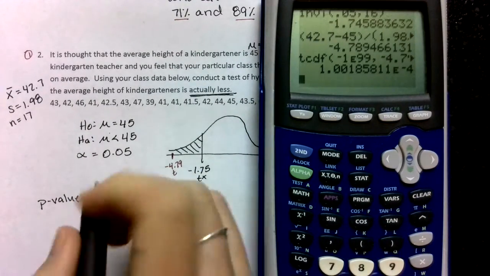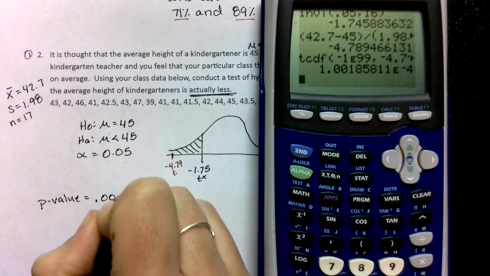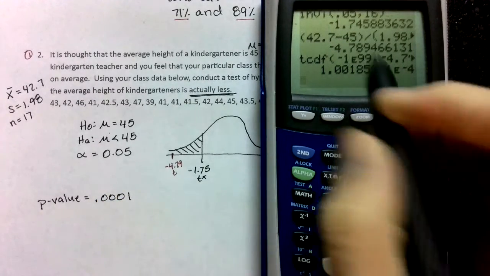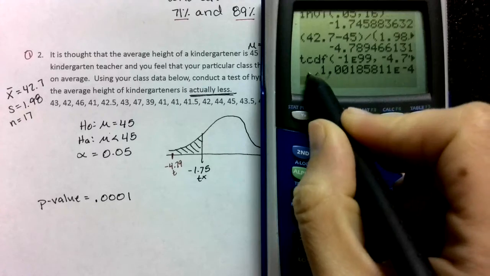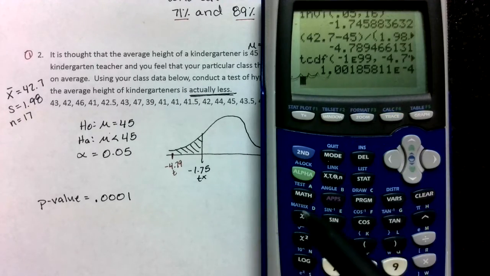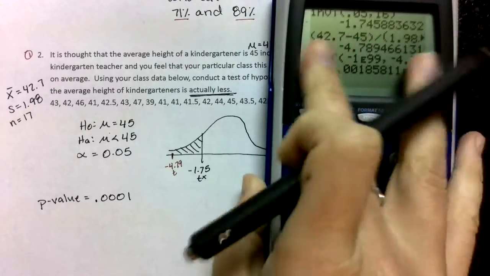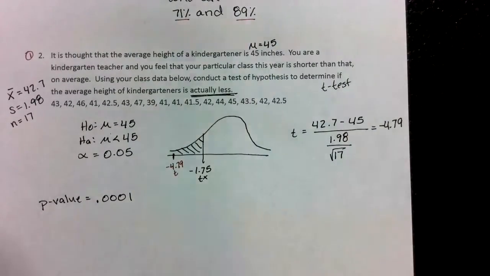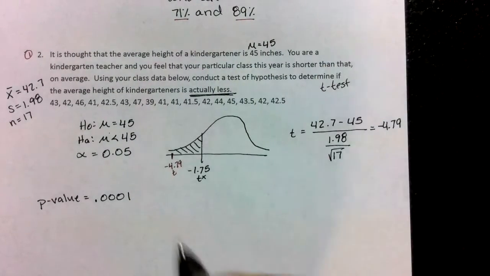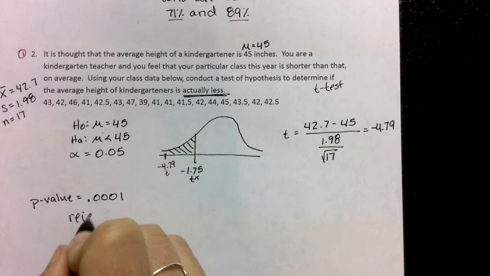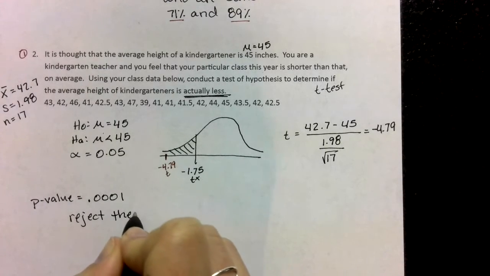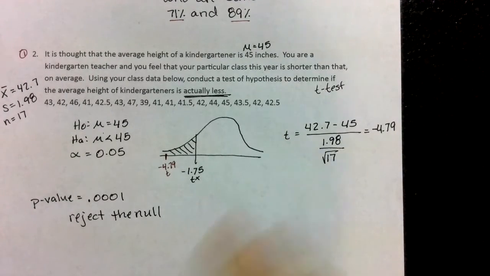So that means I have a p-value of 0.0001 because I had to move that decimal 1, 2, 3, 4 places to the left and fill in with zeros. So that is a tiny, tiny p-value, definitely less than 0.05. So we are able to reject the null.